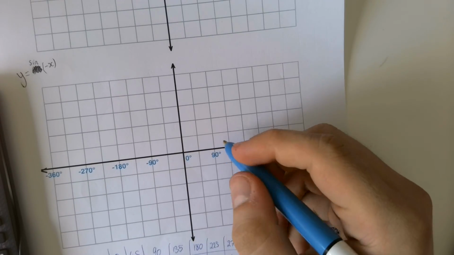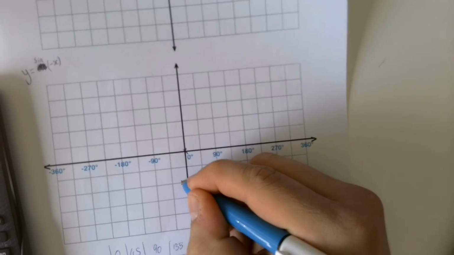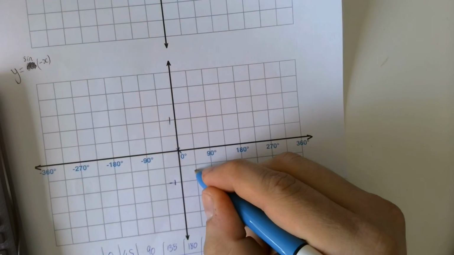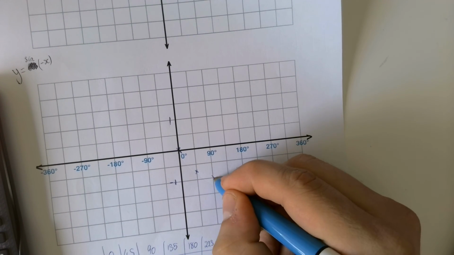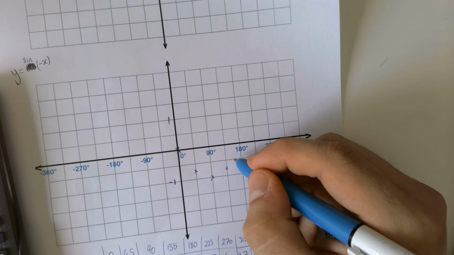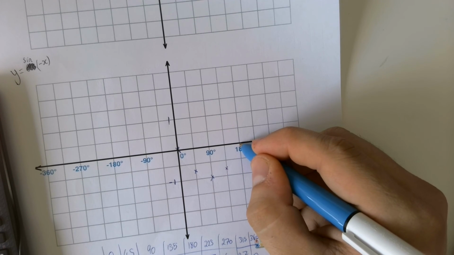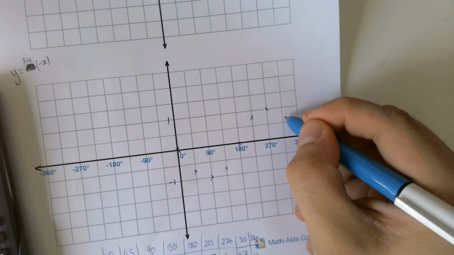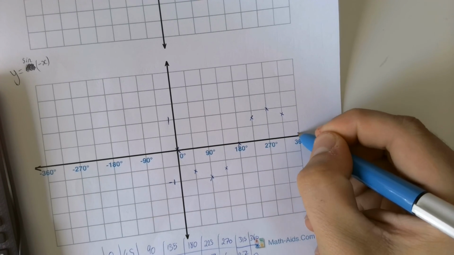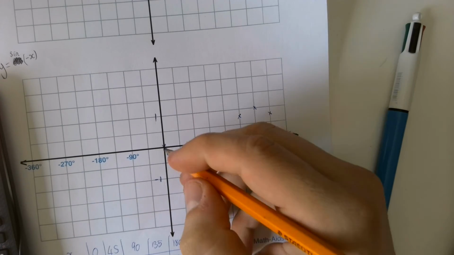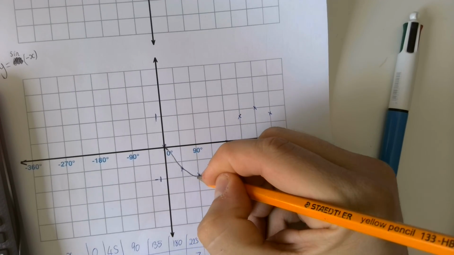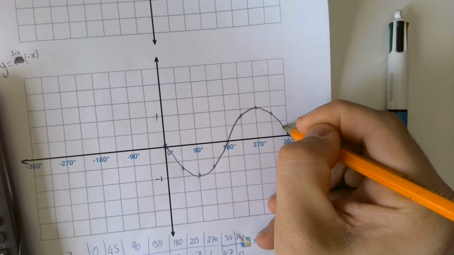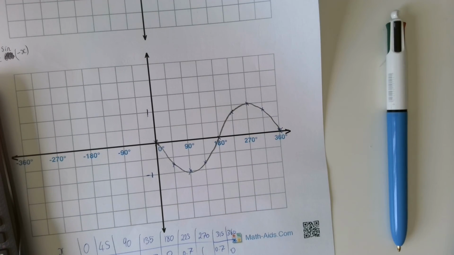So 0, again I need these. 0, minus 0.7, minus 1, minus 0.7, 0, 0.7, 1, 0.7, 0. It's going to be exactly the same graph as we saw before. Okay, so this is just a sheer coincidence that we've got that.